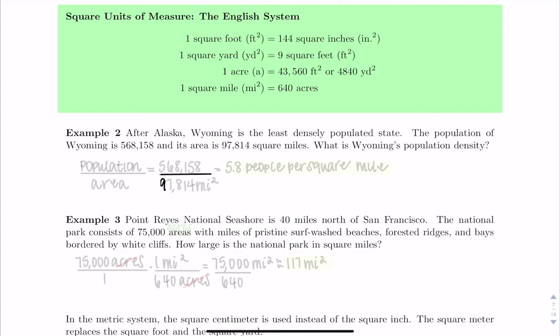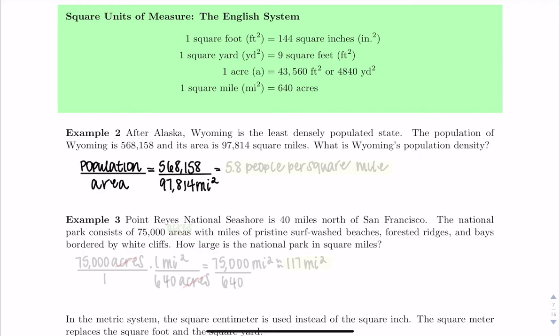So at the beginning of this section, we said that the population density is its population divided by the area. And so their population is 568,158 divided by 97,814 square miles.